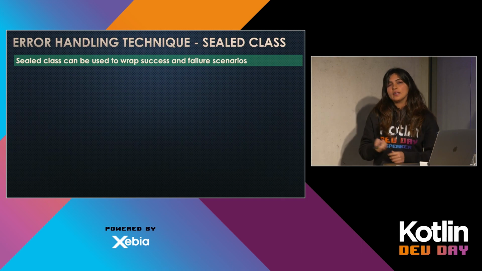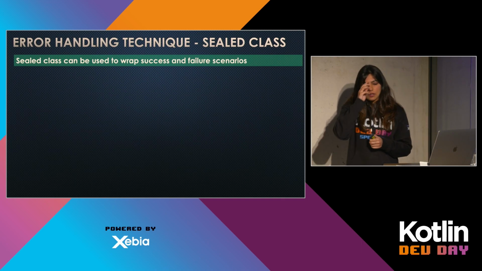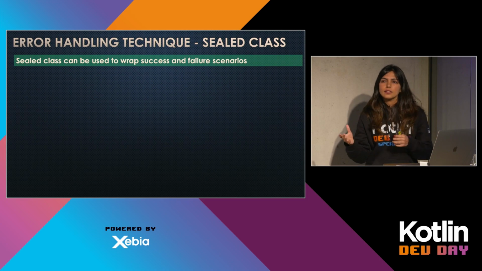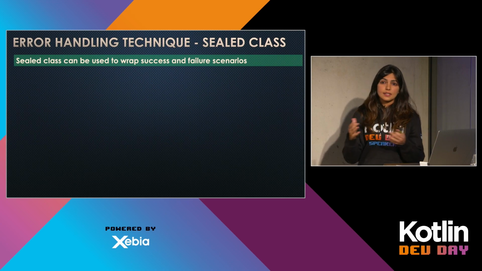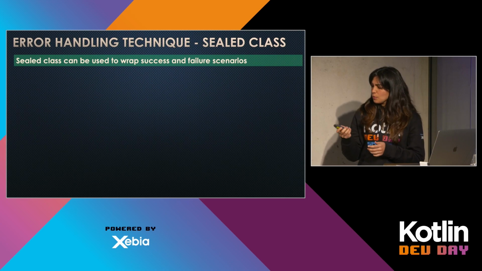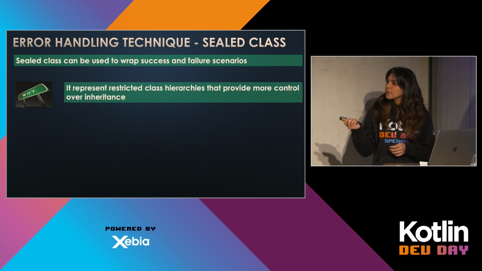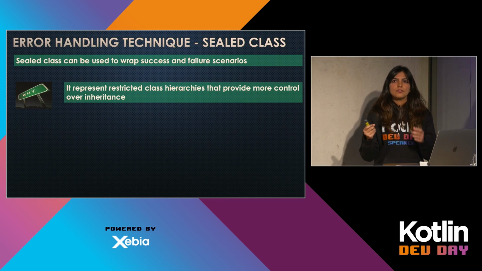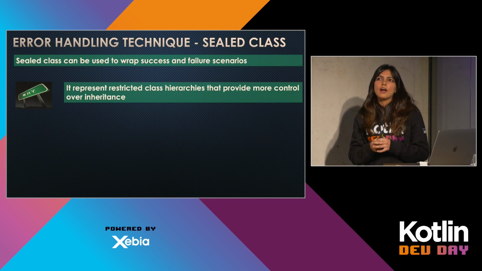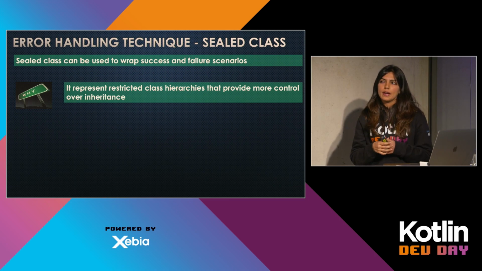Now the next part is using a sealed class. So as I said, a sealed class can be used to wrap the success and error scenarios. But what is so special about sealed class that we need to use it? It represents restricted hierarchies. So you have more control over your inheritance.